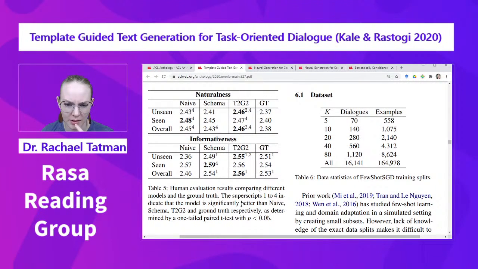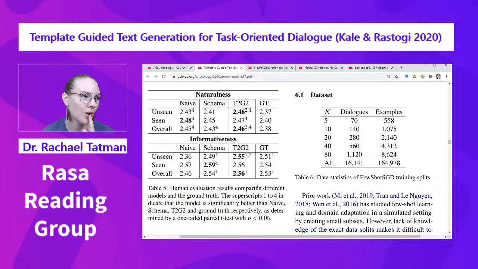The superscripts 1 to 4 indicate that a model is significantly better than naive, schema, T2G2, and ground truth respectively, as determined by a one-tailed paired t-test with p less than 0.05. You're doing a lot of multiple comparisons there. I would probably have alpha adjusted that.